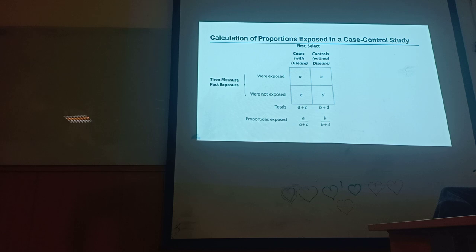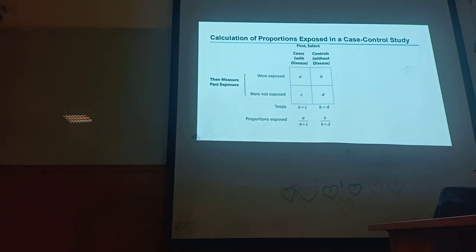In case control studies, we do not have people who are exposed and people who are not exposed. We have a group of cases and a group of controls. In the group of cases, we should see how many of them are smokers. And in the group of controls, we should see how many of them do smoke.